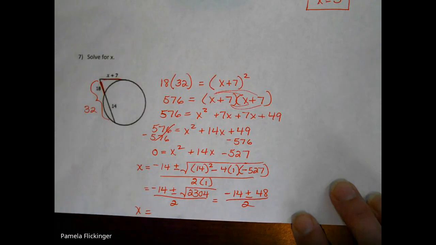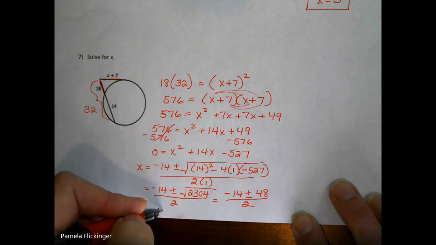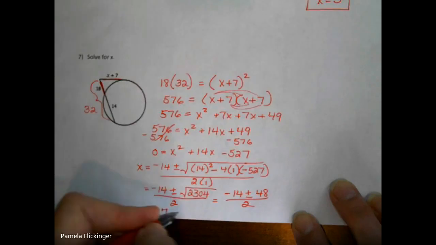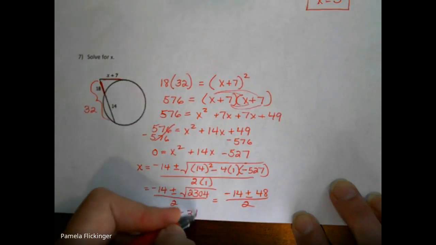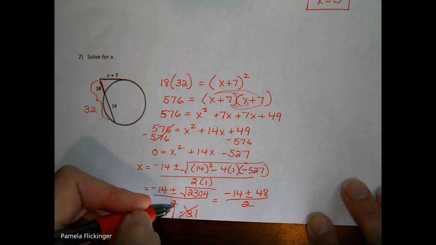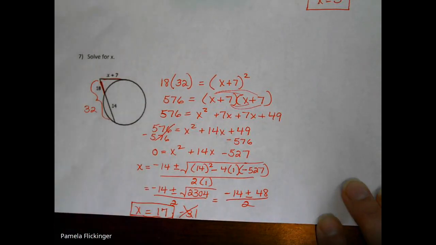So our 2 options would be 17, and then negative 31. And of course, the negative in this case doesn't make sense because it gives us a negative length. So x is 17. That really is kind of the long way to do it.